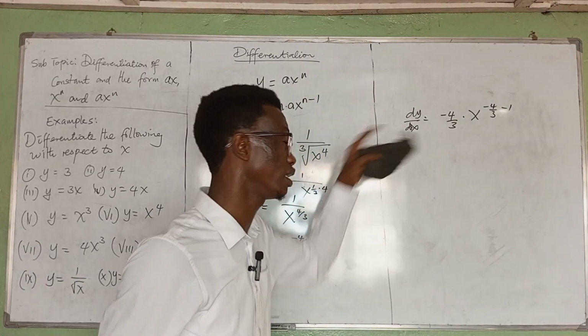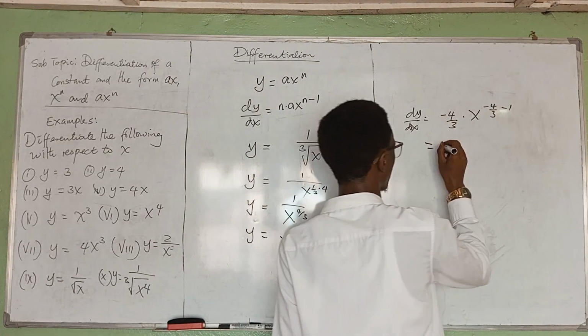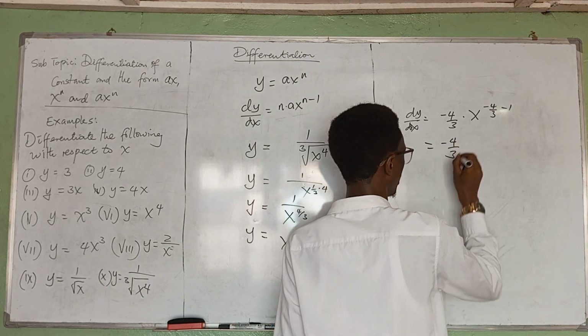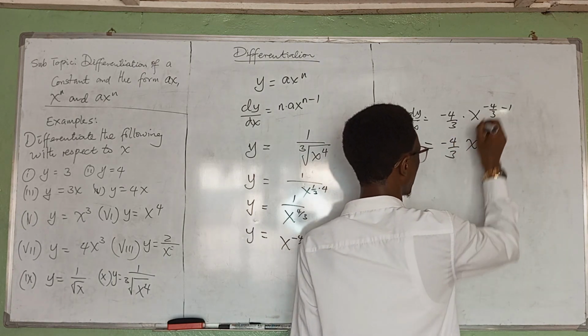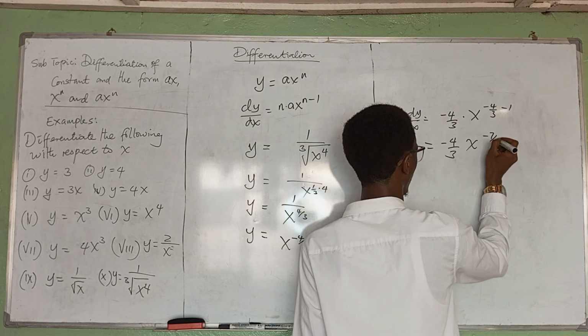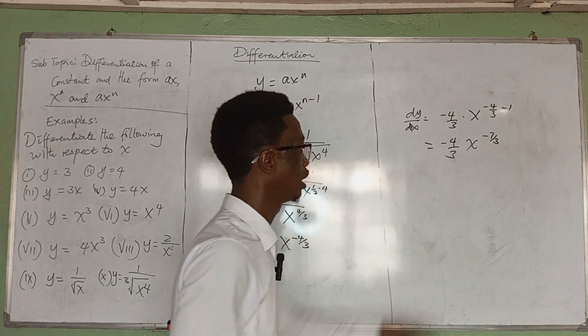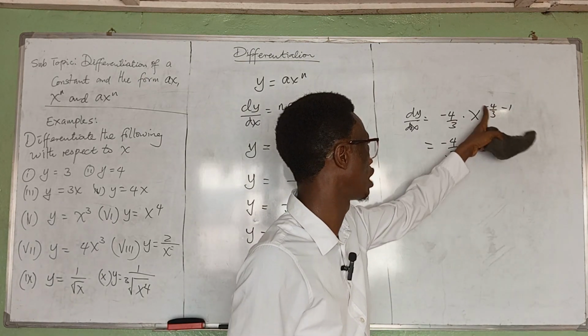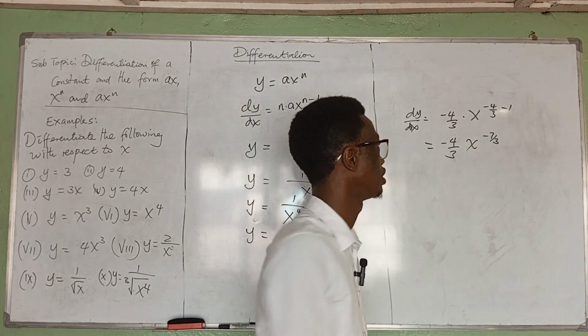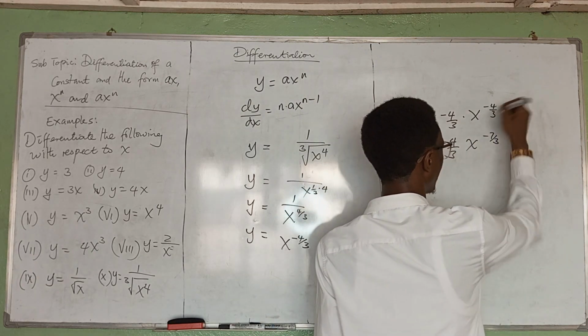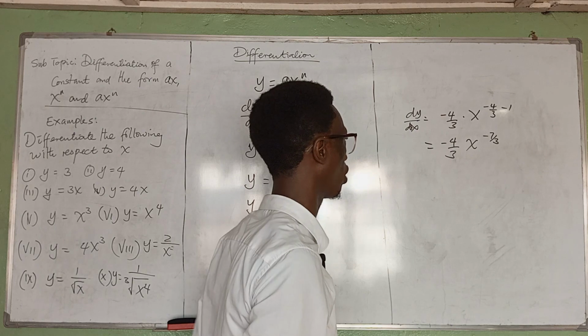You always subtract again. So now this becomes minus 4 over 3 x raised to the power minus 7 over 3. If you use a calculator, minus 4 over 3 minus 1, you're going to have this. The same thing again, just divide this by 1 and find the LCM. You get that as your answer.